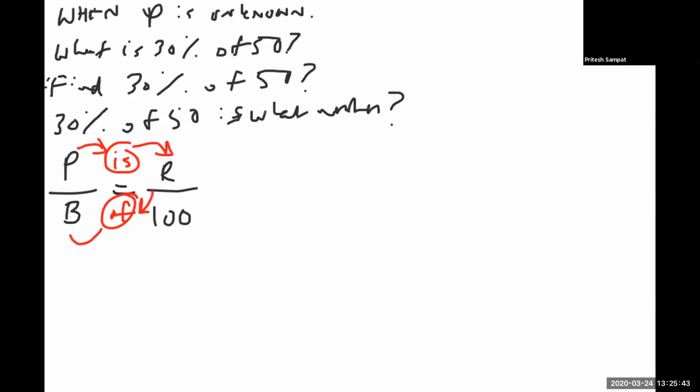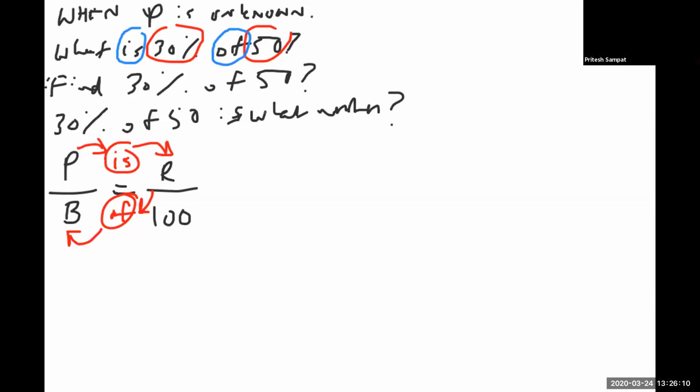I'm just going to follow this route when I'm trying to figure out what goes where. So I know I do have 30%, I have 50. That's consistent in each of these three scenarios. I also know that it's indicating that what is 30%? It's also mentioning of 50.